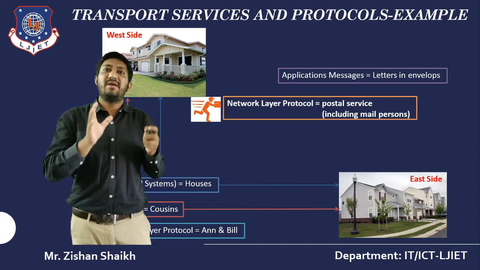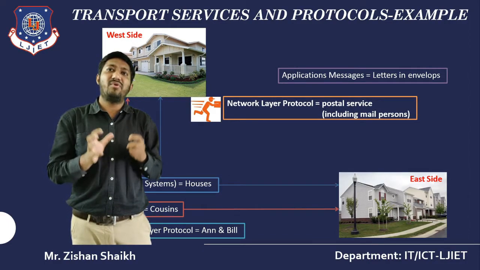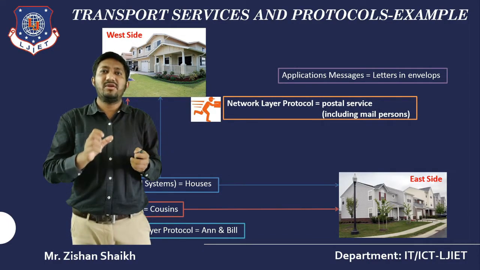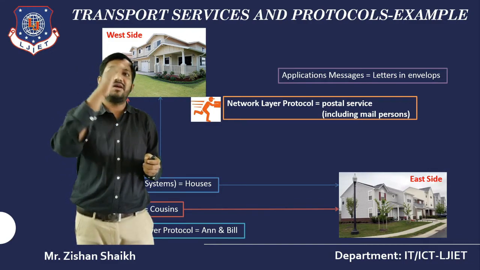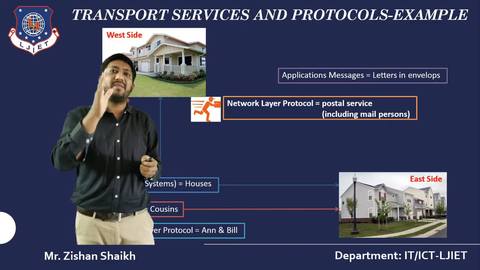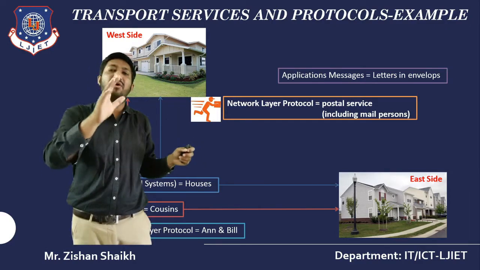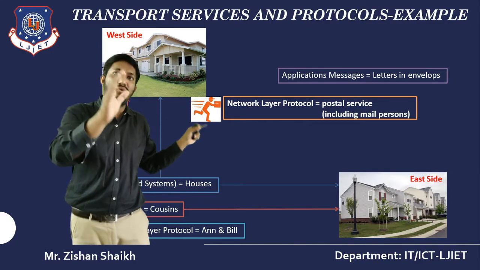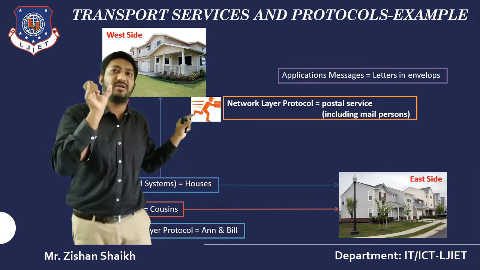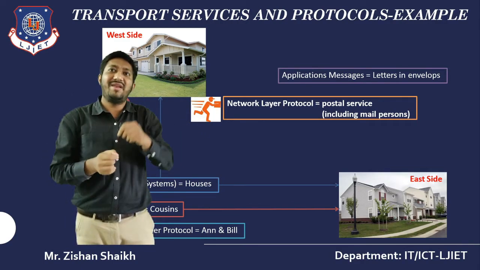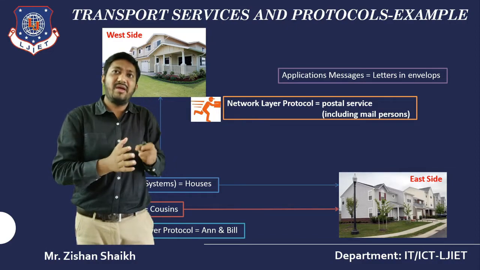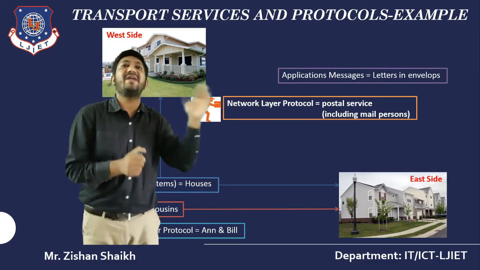And here, network layer protocols. How is the network layer performing here? When our message is transferred by the postal service from source to destination, they only know the route and the host. They do not know what the letter is or for whom the letter is meant.